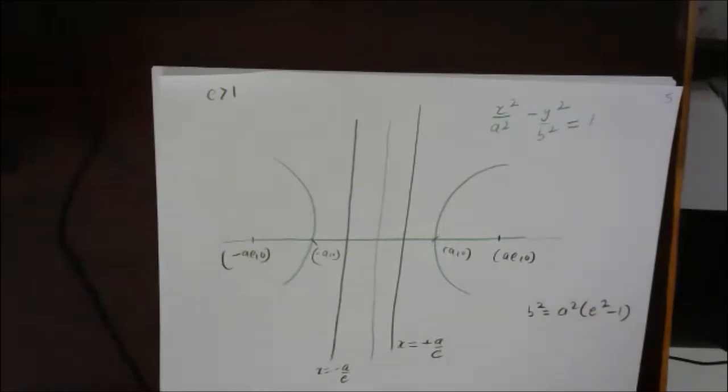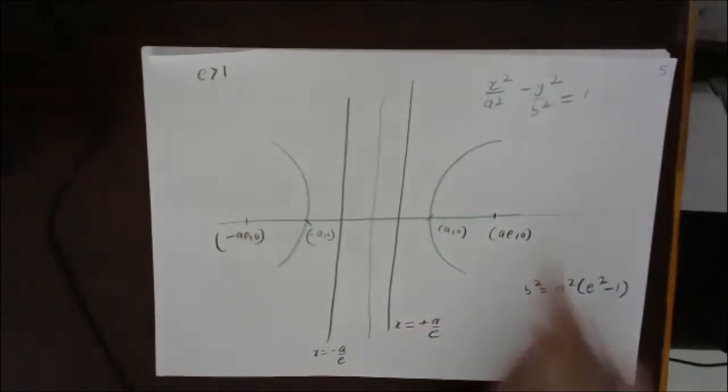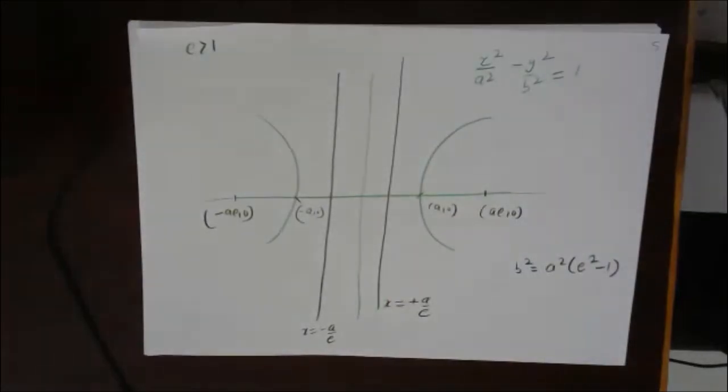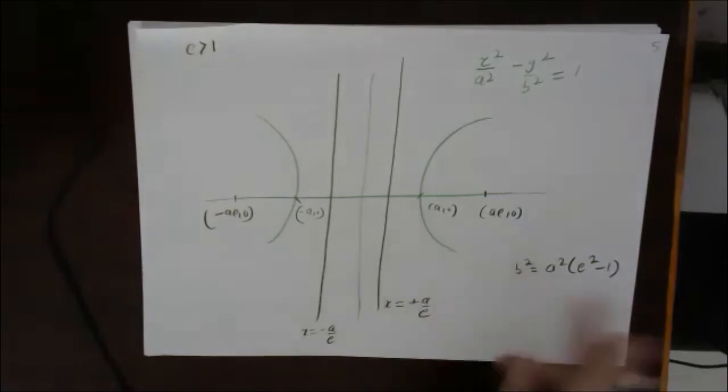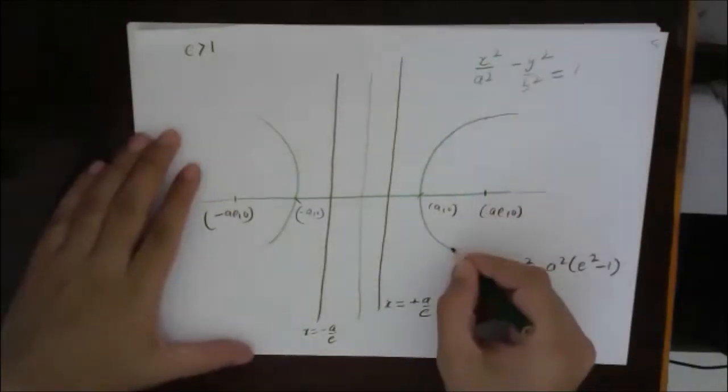If e is 1.1, 1.2, it will make b smaller than a. So b can be greater as well as smaller than a. The size of a and b does not define it. Only the sign matters. So this is the basic definition and the basic terms.